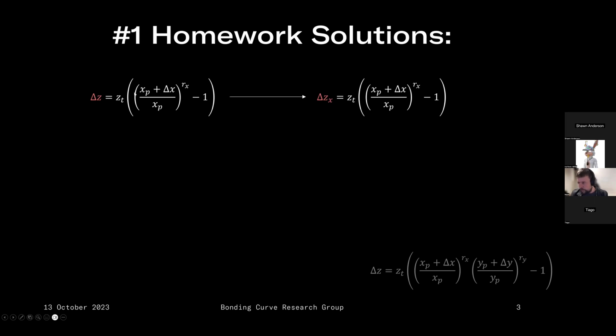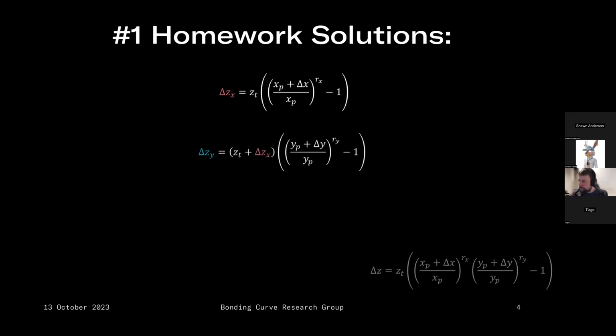So this step, because we're adding the X token, whatever that is, I'm going to denote this delta Z with a subscript X. The next token that we're going to add to the liquidity pool, let's call that token the Y token. The total number of pool tokens that exist has now gone up by whatever this number is.